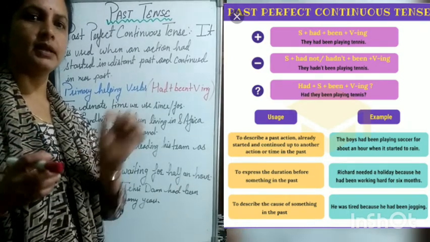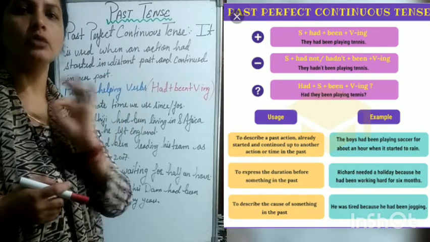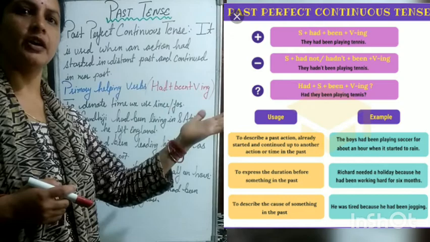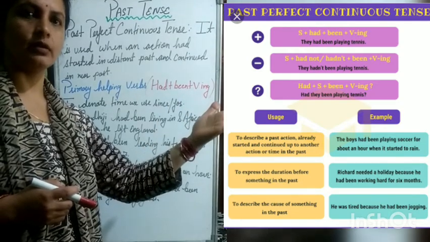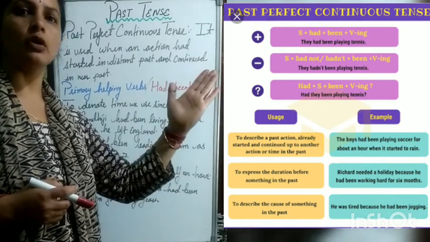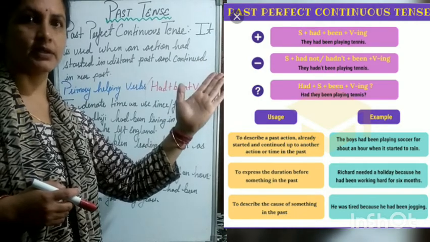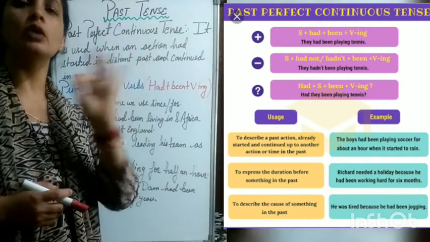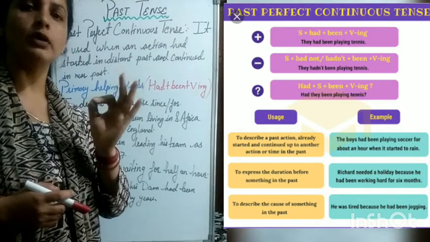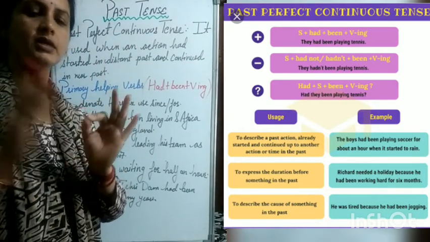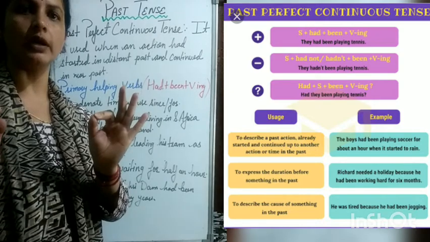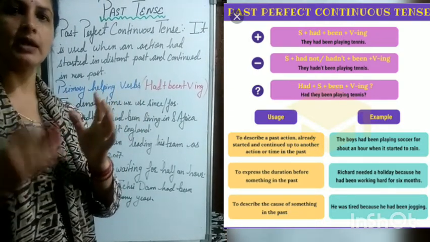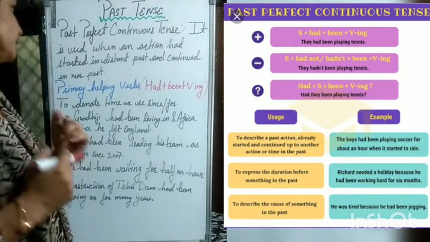At present, this year is 2020. If any action started in 2016, that we call distant past, and it continued till 2018, that we call near past because it is very near to 2020. So this is the difference between distant past and near past.